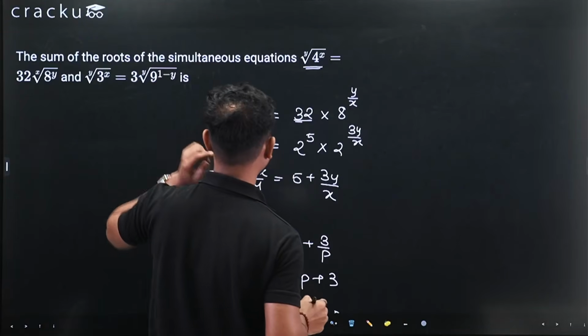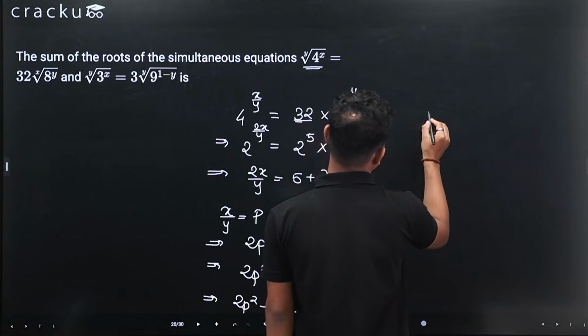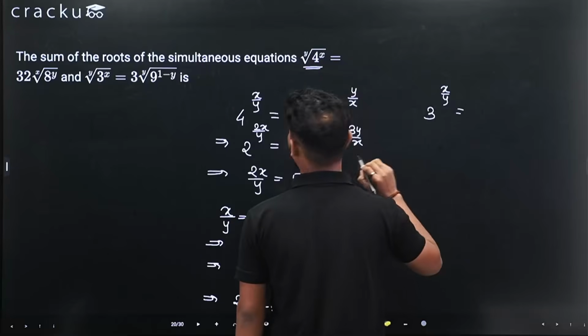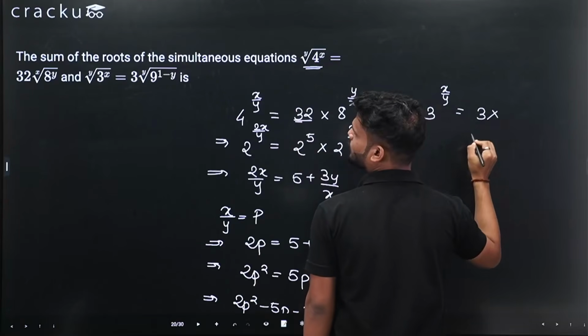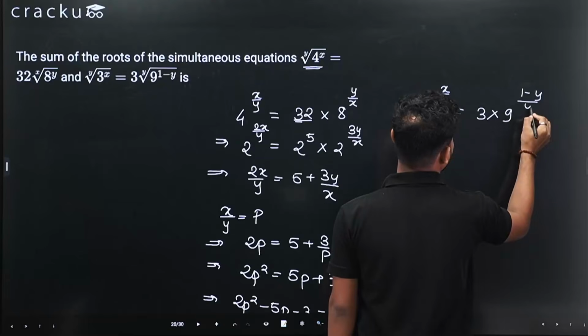Now let us try to find for the second equation. For the second equation it is given 3 raised to x by y is equal to 3 into 9 raised to (1 minus y) divided by y.